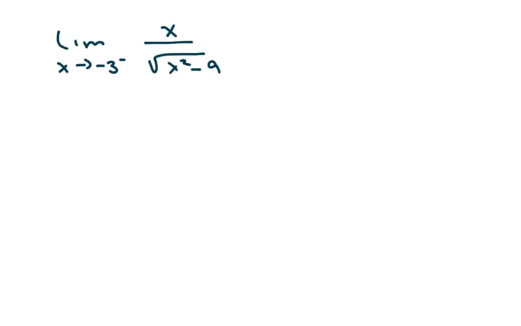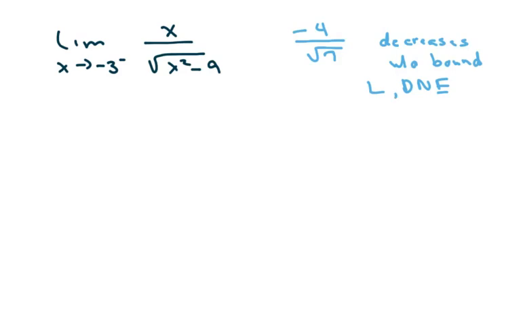So if you plug in negative 4, you would get negative 4 over 16 minus 9, which is 7. If you plug in negative 5, you're going to get something. This decreases without bound. It never stops. There are no boundaries. Therefore, the limit does not exist. All right, next one.